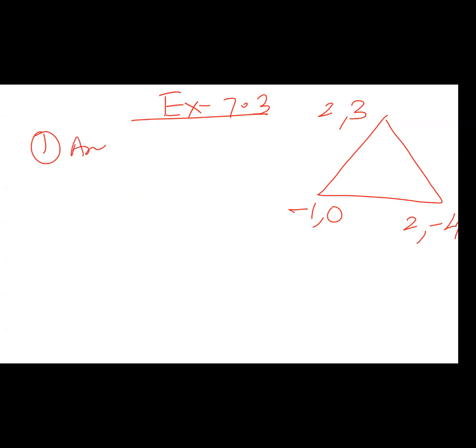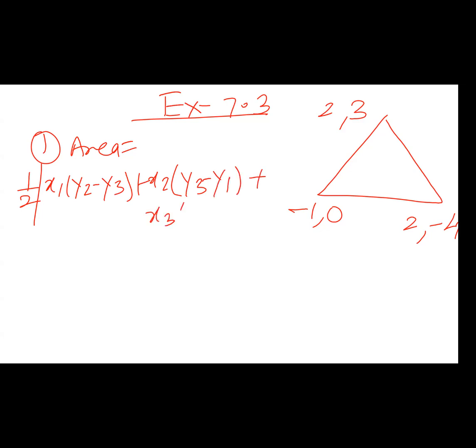So area becomes half, x1 (y2 minus y3) plus x2 (y3 minus y1) plus x3 (y1 minus y2).